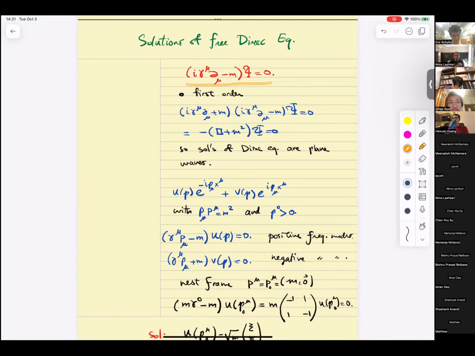I'm replacing m prime by m. That's the Dirac mass. That's the only thing I deal with in this part of the course. First thing to notice is that it's a first order differential equation. So it's unclear a priori that it has anything to do with waves, right? Waves appear naturally as a solution to the second order differential equation. Is that clear to everybody?